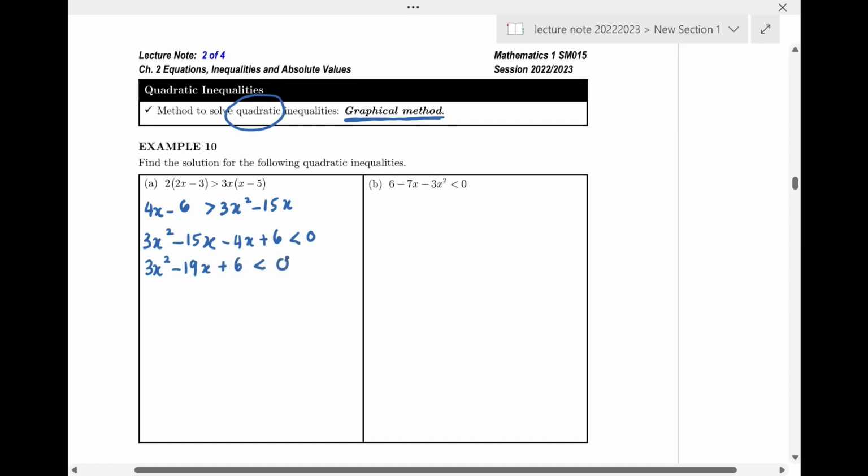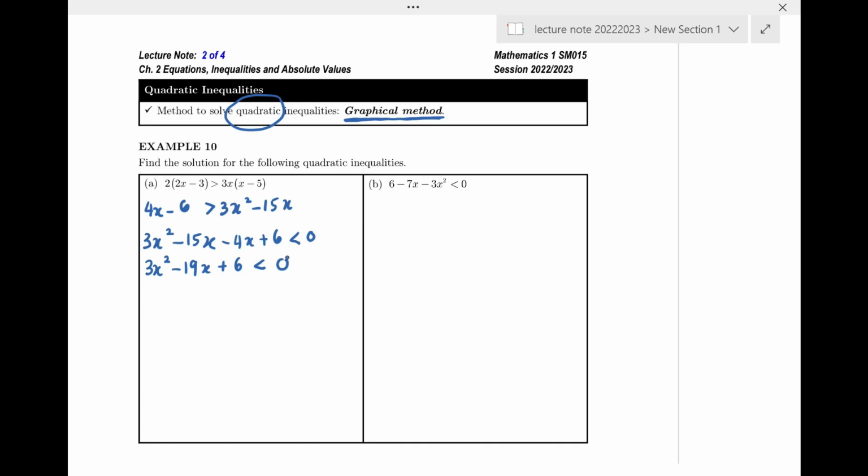Remember, make sure the quadratic expression that you have on the left side is a positive one. Make sure we start with a positive x squared. If we don't have that, we have to make it positive. We'll see what I mean by this in part B.